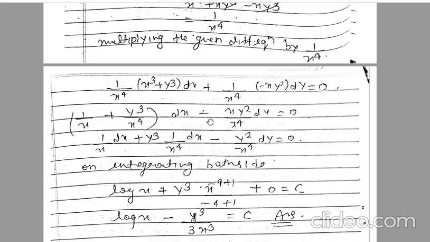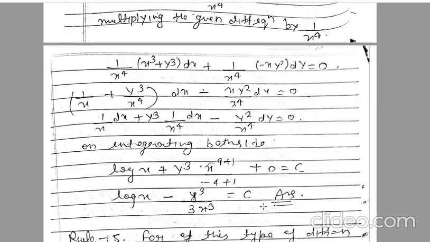After solving this, you will get the final line. Now on integrating both sides, you can see that this term contains only y, so that will be 0, and the integration of 1 by x is log x, and the integration of 1 upon x to the power 4 is x to the power minus 4 plus 1 upon minus 4 plus 1. So this is your final answer.